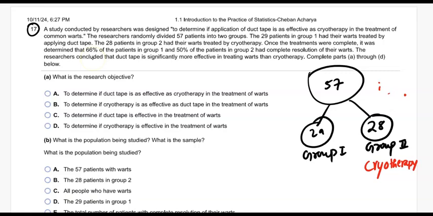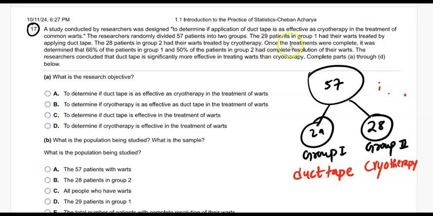They choose 57 people and divide them into two groups. Group 1 uses duct tape, and group 2 uses cryotherapy. Okay, let's see what happens.